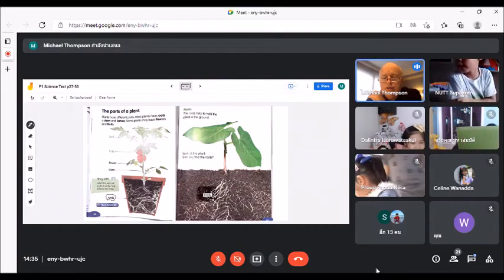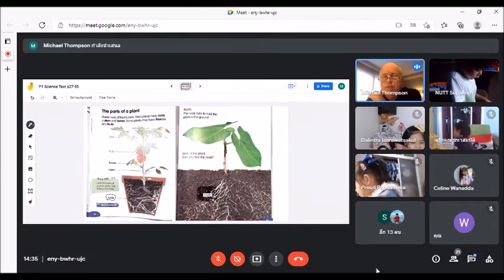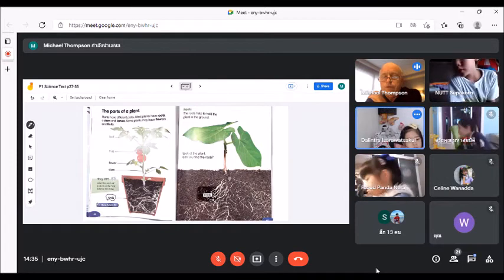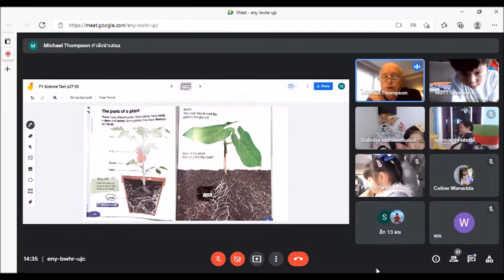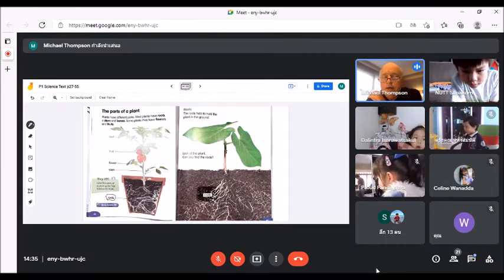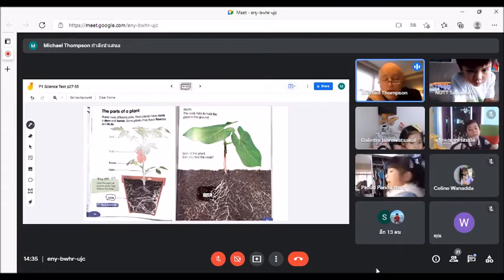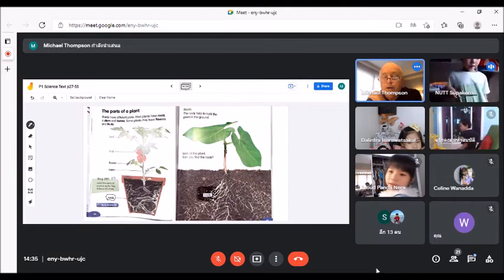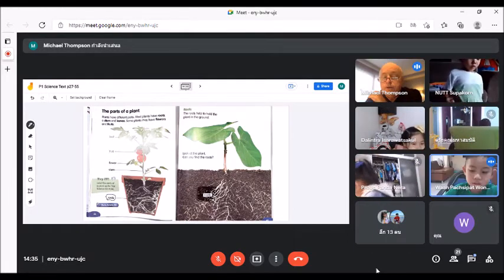Why are roots underground? Well, the plant's above the ground. These roots travel in the soil long ways, and they get water that is in the soil. It brings water. Water comes into the root.